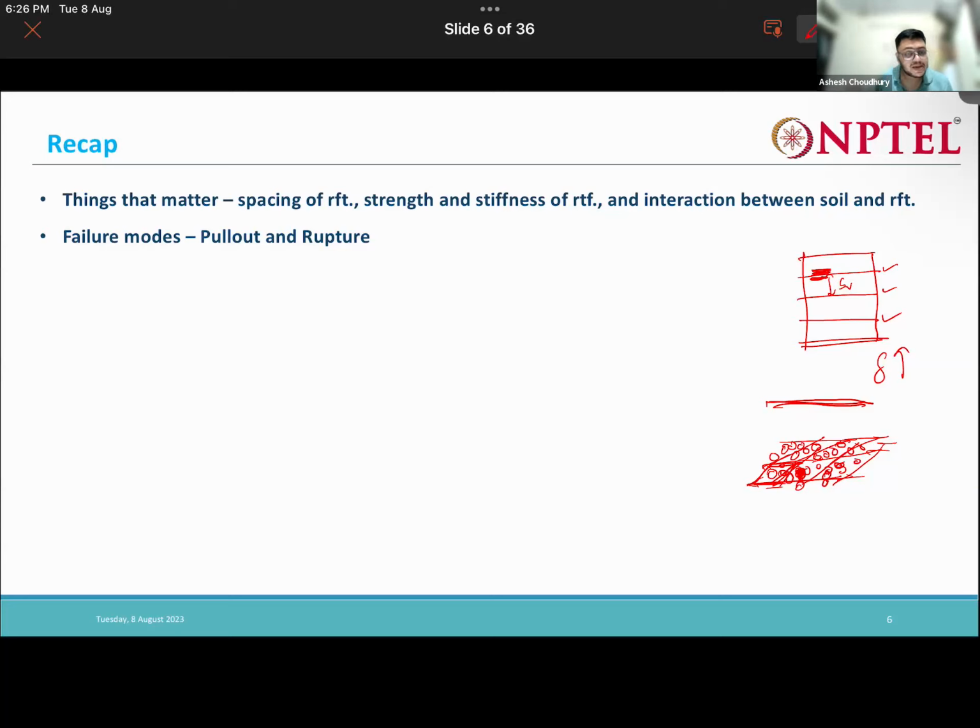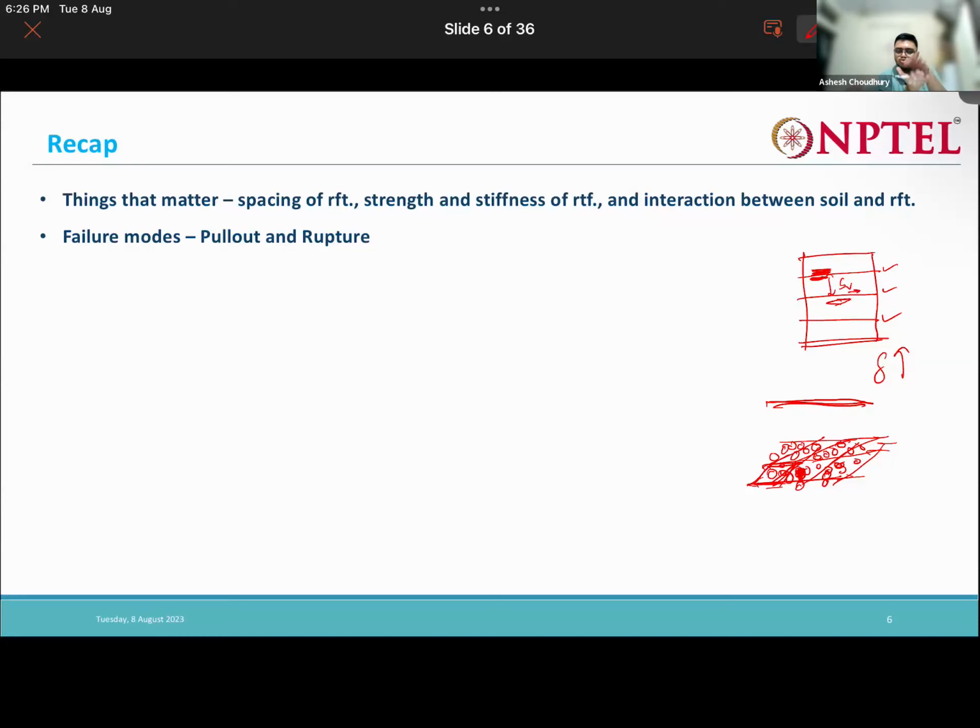And the spacing, see what happens is that if the spacing is very less, the shear force between the soil and this reinforcement won't get mobilized properly, right?